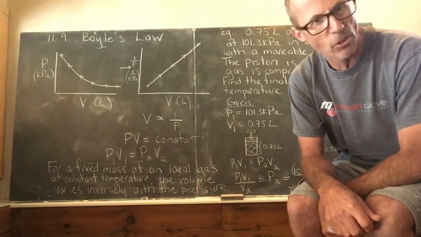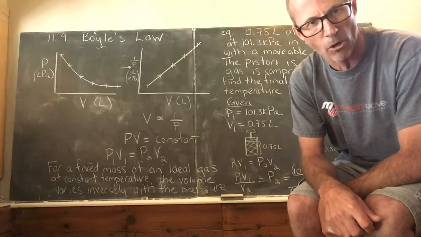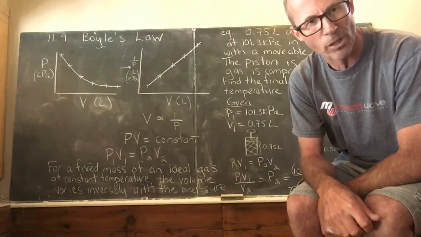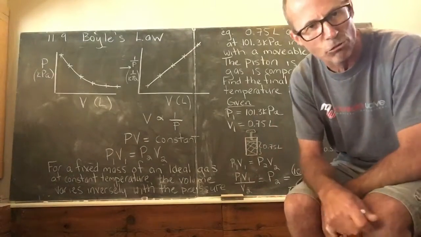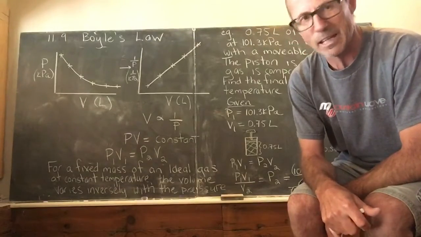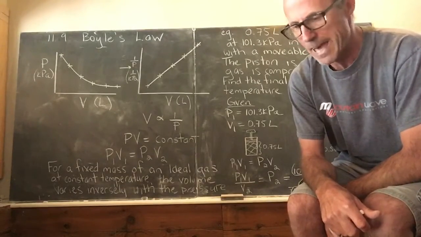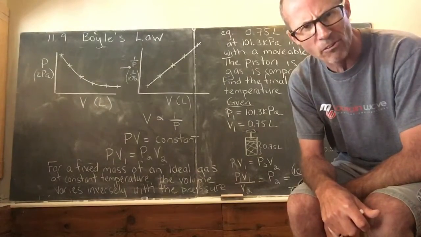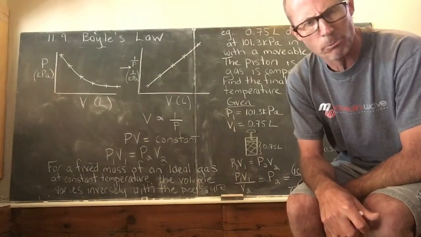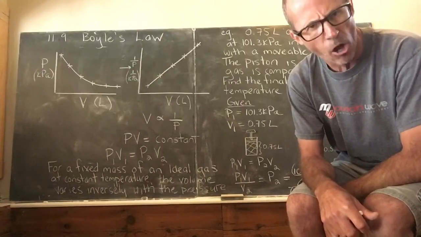Well, in this video, we're not going to use the Kelvin scale at all because we're going to keep temperature constant. And what I want to do is describe the relationship between pressure and volume for gases at constant temperature. There are many examples of this relationship, which is known as Boyle's Law.